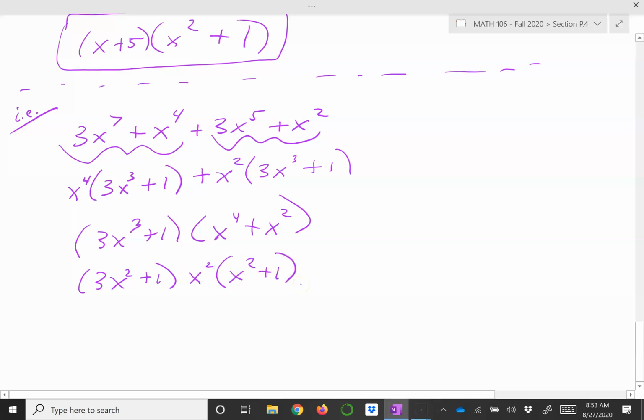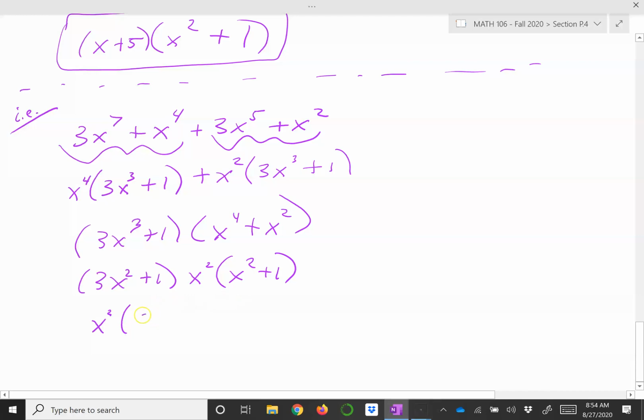All right. Now, do we want to leave that as the final answer? No. We definitely don't want to do that. What we want to do is, if we have binomials, right, we have two binomials here, the 3x cubed plus 1 and the x squared plus 1, we want to have the binomials after any single terms. So the x squared is a single term. So I'm just going to move that out front here.